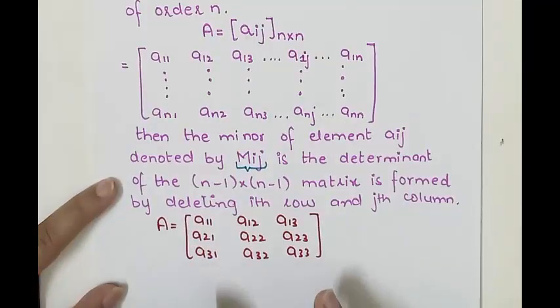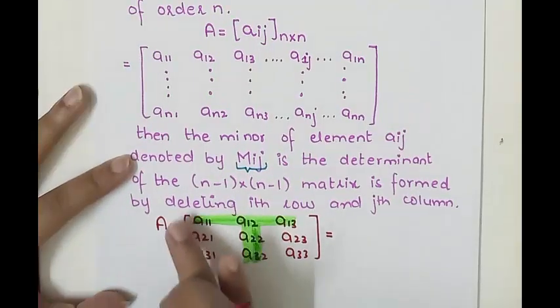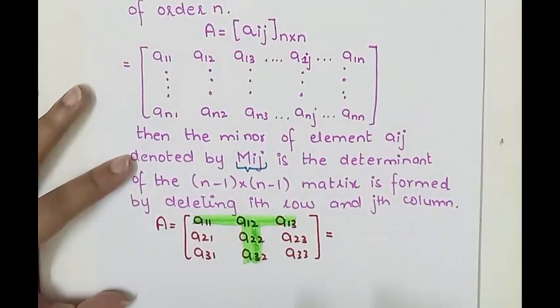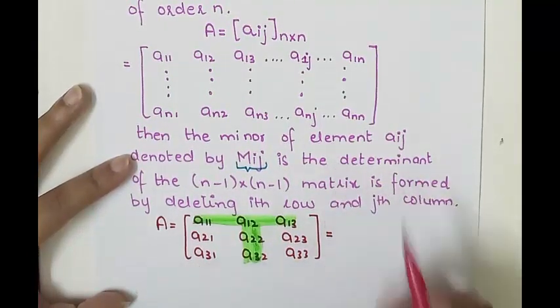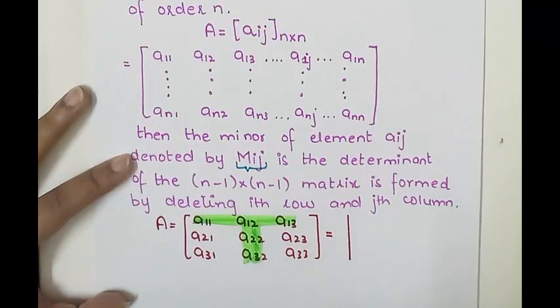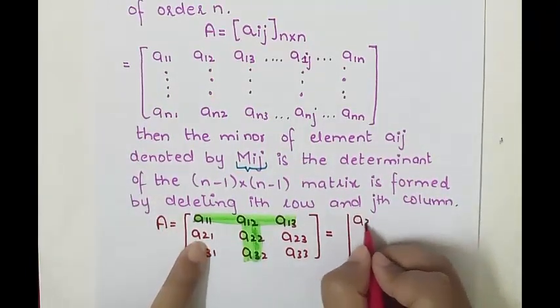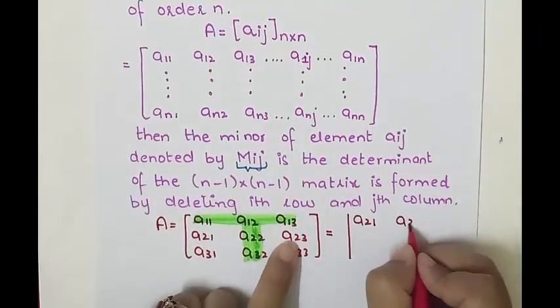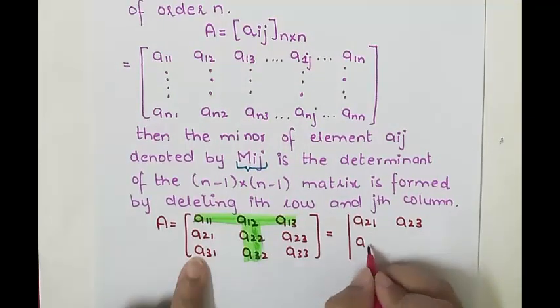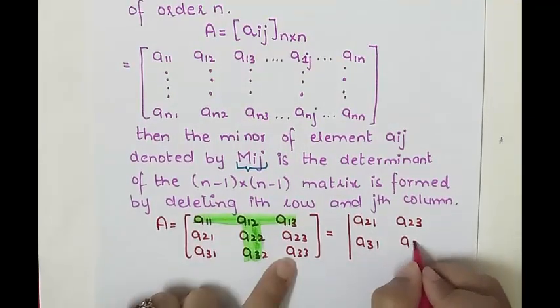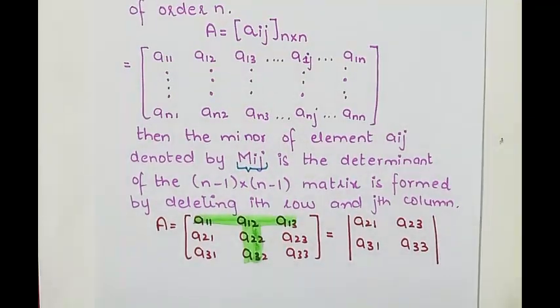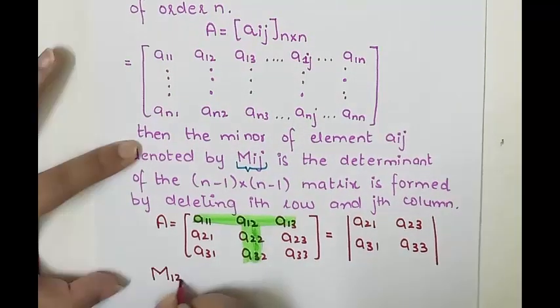Then the matrix obtained by deleting the first row and second column, we remove this first row and second column, and now we have formed a determinant which is equal to A21, A23, A31, A33.